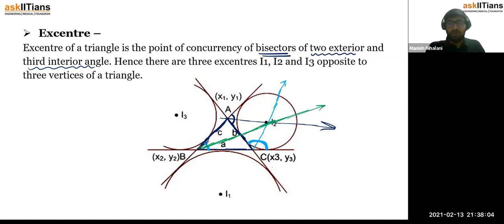If this is the internal bisector and those are the two exterior ones, then these three bisectors meet at one point, and that point is called the excenter. So there are three excenters here, I1, I2 and I3, because this one is formed by the external bisectors of B and C and the internal bisector of A. This is I1.